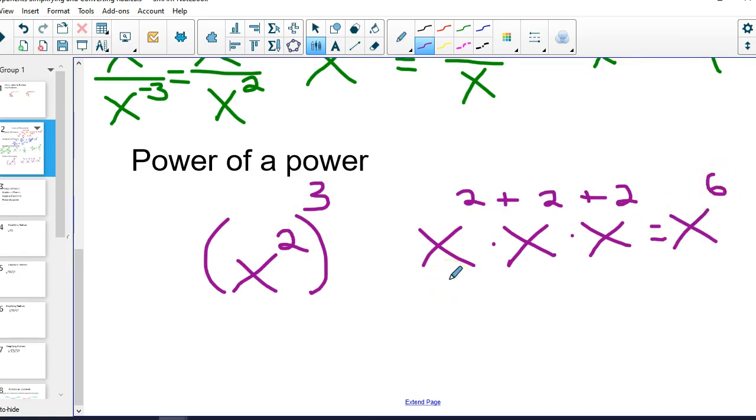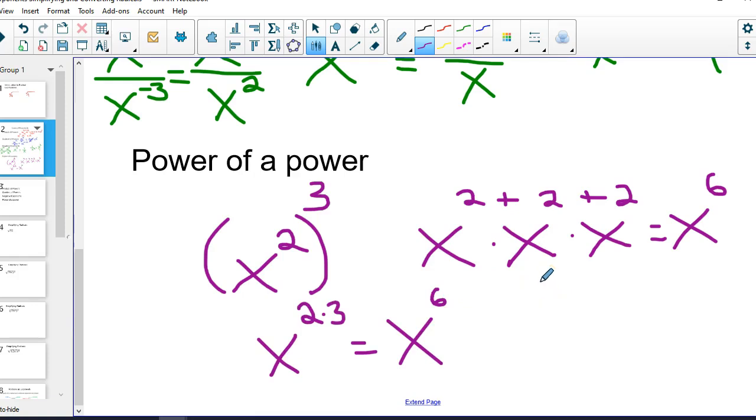And we can generalize this since we have repeated addition, which is multiplication. So x squared to the 3rd power is the same thing as x to the 2 times 3, which is x to the 6th power.